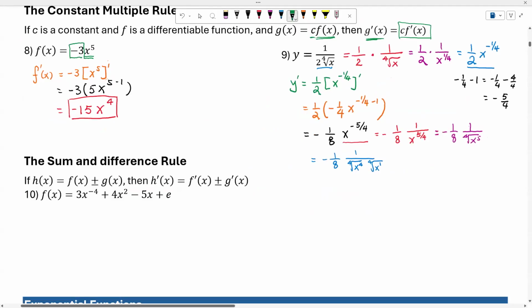Of course, we know that the 4th root of x to the power 4 is equal to x. So my answer will be negative 1 over x times the 4th root of x.